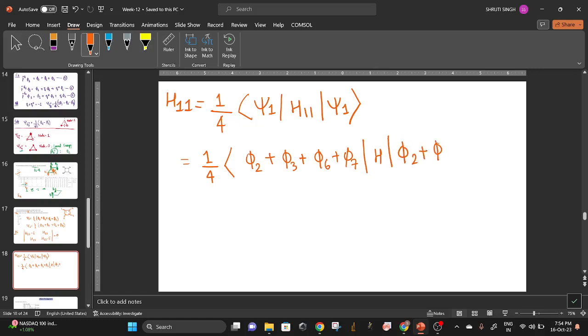So phi 2, phi 3, phi 6, phi 7. So we will get 4 into 4, we will get 8 terms here, each multiplied by each.